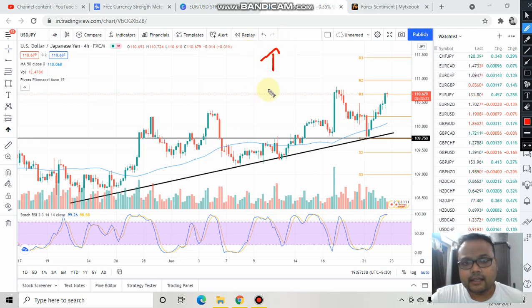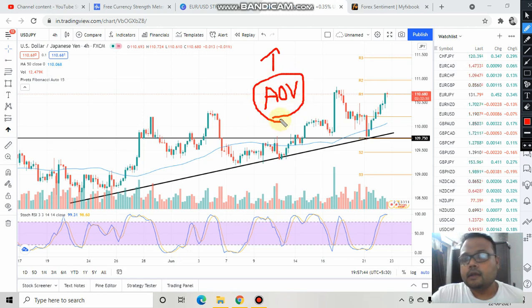And the second thing that we always need to focus on is the area of value. The area of value means the best trading opportunity or the best trading spot. As I have already mentioned hundreds and hundreds of times in my videos, in an uptrend market, the area of value or the best trading opportunity is always near the support. Whereas in a downtrend market, the best area of value or the best trading opportunity to short the market is at the resistance.